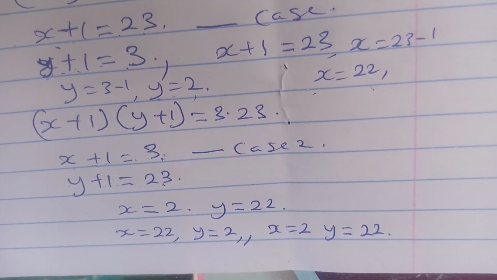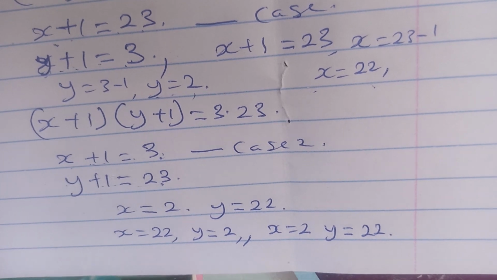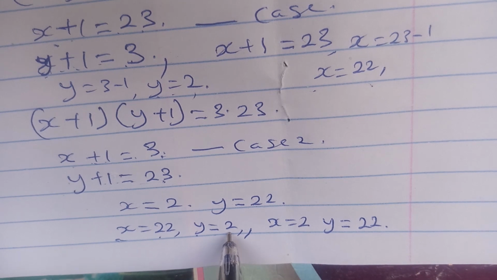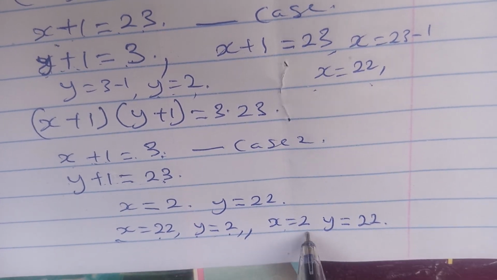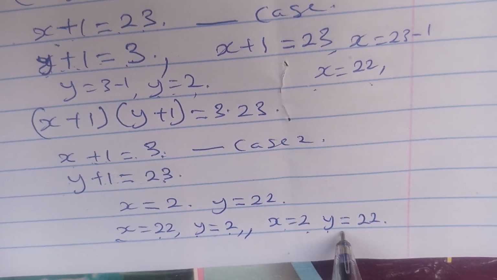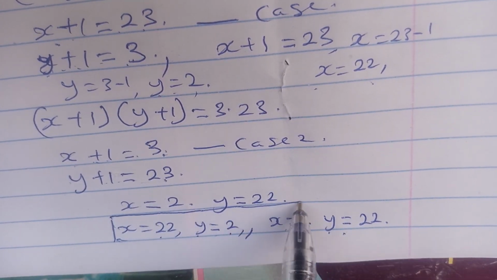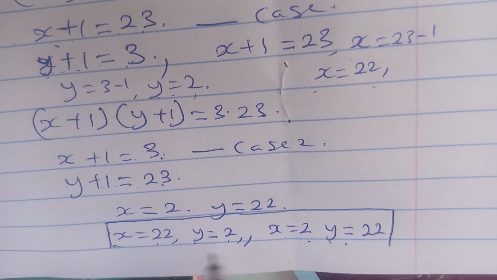In case 1, we said x is equal to 22 and y is equal to 2. Then in case 2, we said x is equal to 2 and y is equal to 22. So these are the values for x and y.